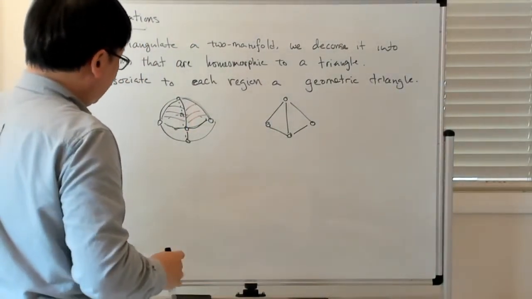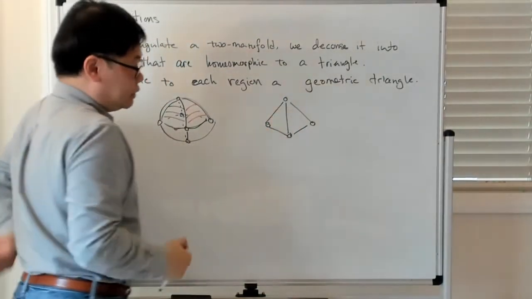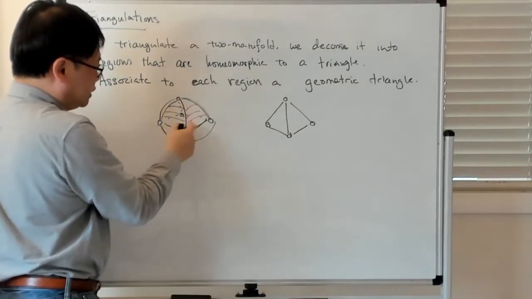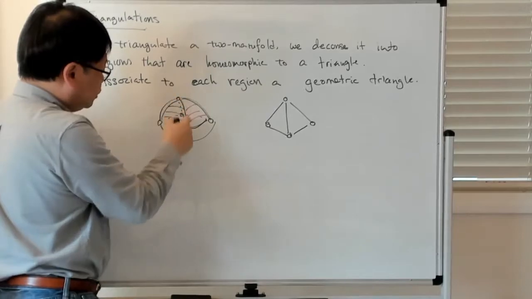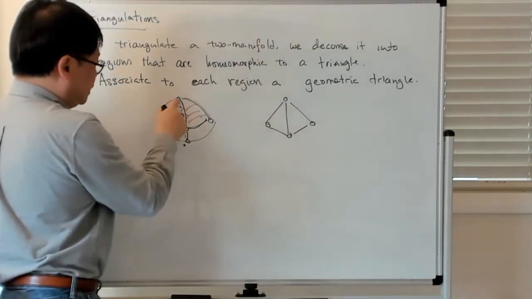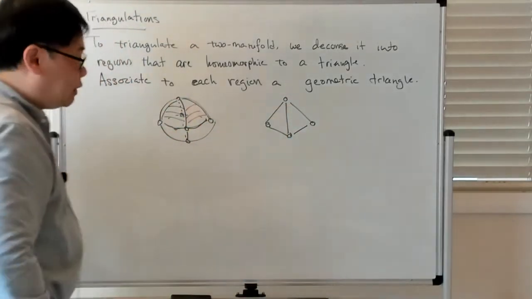What's going to happen is I'm going to glue these triangles along their common edge, in accordance with the actual two-manifold I'm working with. So these two regions share a common edge, and I want to identify these edges. These nodes are common, so again I want to identify them.